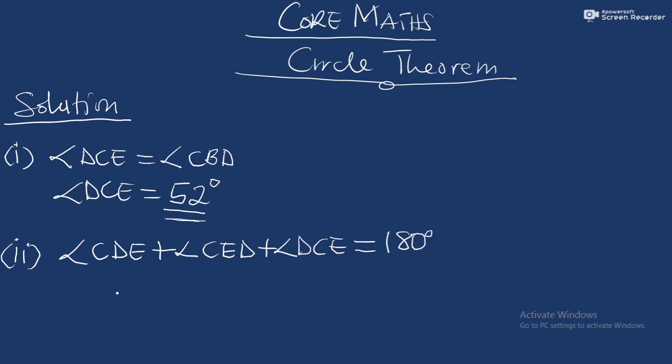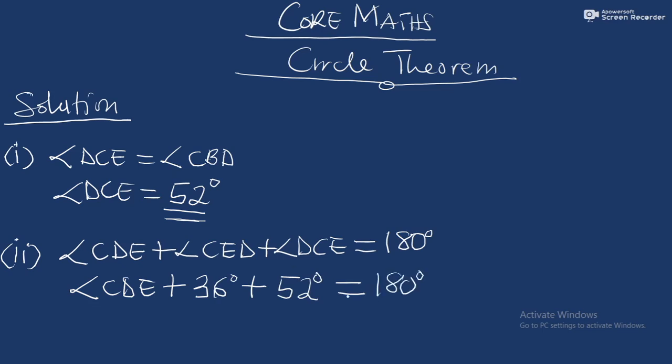Okay, so substituting, we are going to have angle CDE plus 36 degrees plus 52 degrees, that is what we just calculated for, equal to 180 degrees.